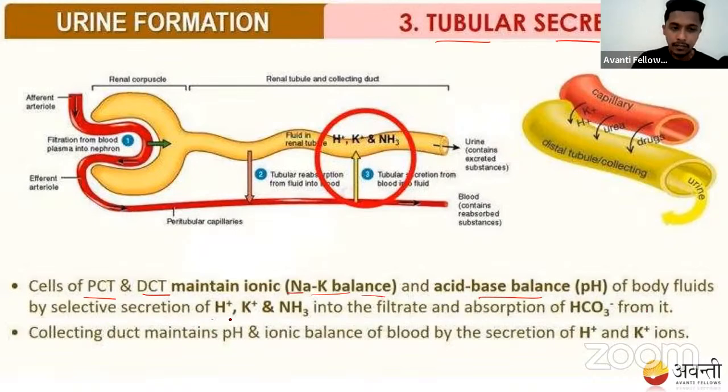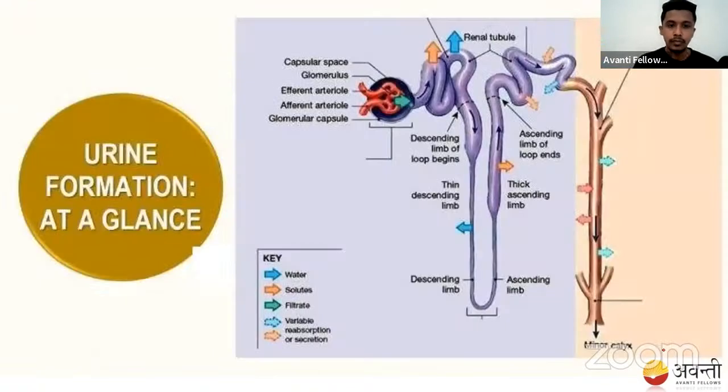Either by secretion of H+, K+, or NH3 ions into the filtrate, and they also support the reabsorption of bicarbonate from it. But the collecting ducts also play a major role in maintaining pH and ionic balance in the blood. How do they do it? By secretion of H+ and K+ ions. So this secretion is called tubular secretion.